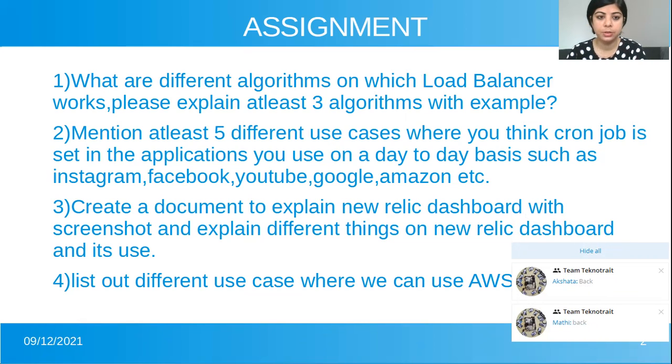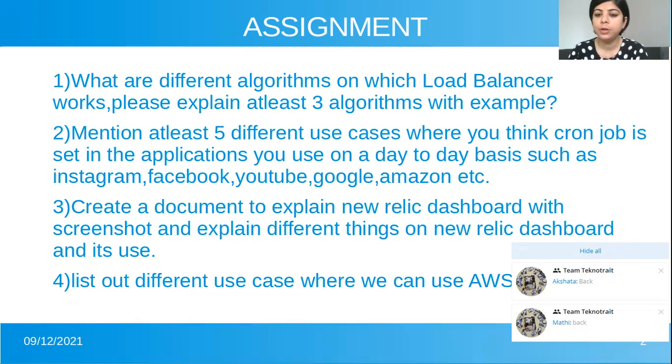So I'll explain this with example of Amazon. So in Amazon, suppose a cron job is set for 24 hours. On the Amazon platform, we see many options to buy many products. Suppose on a particular product, Adidas shoes, if I want to see the sales of Adidas shoes at the end of the day, we set a cron job for that particular brand of shoes.